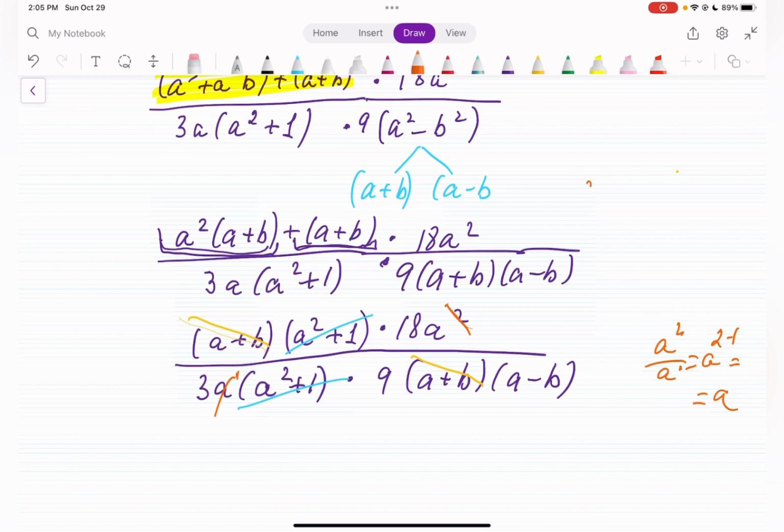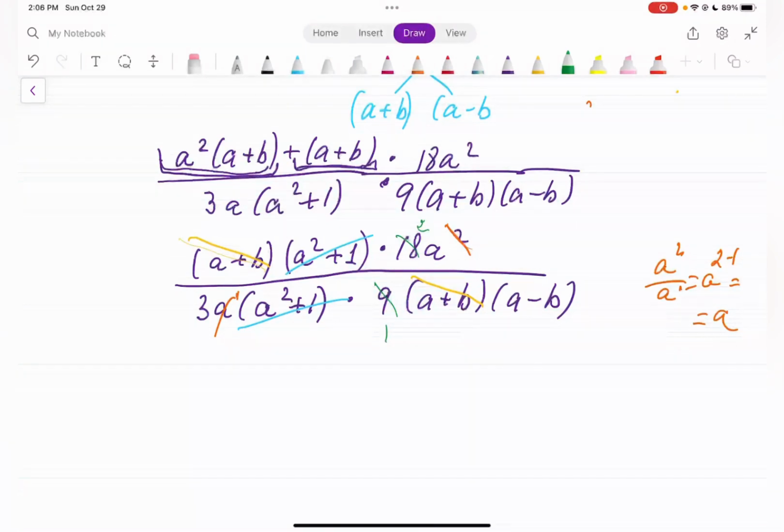And lastly, let me see, 18 and 3. I can reduce by 3, right? Actually, I have a better chance with 18 and 9, divide by 9. This is going to be 1, and this is going to be 2. And my answer is going to be, on the top, 2a left. At the bottom, I have 3 times a minus b.